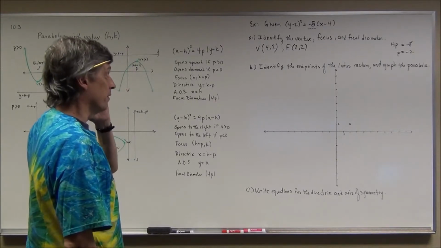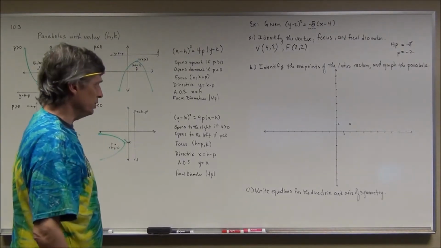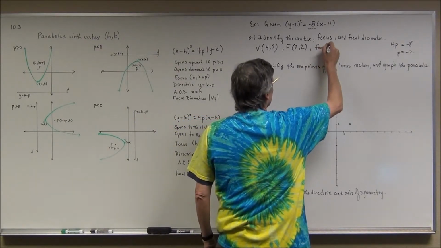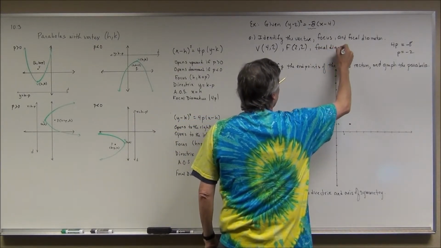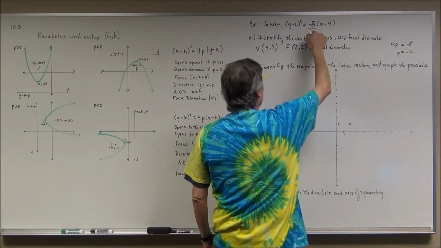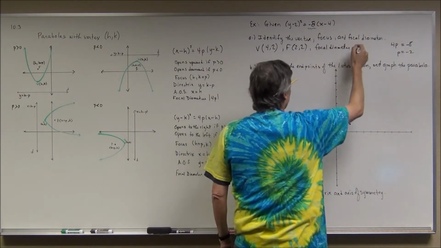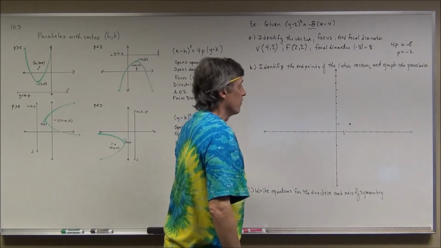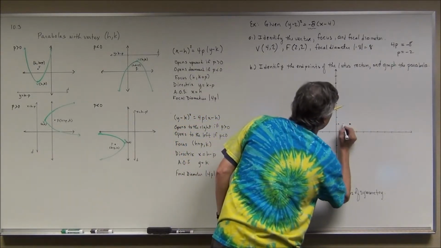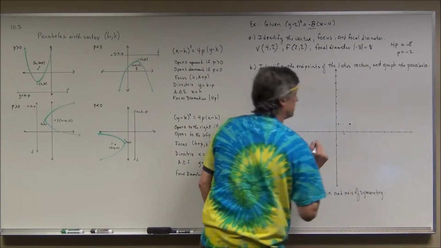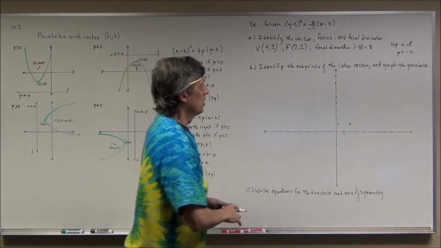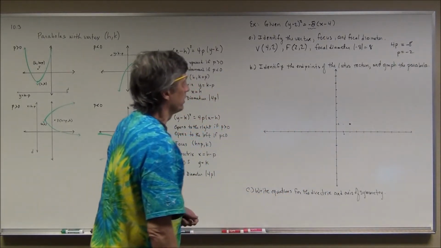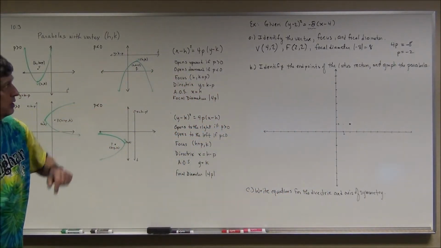And now, the focal diameter, which is the absolute value of 4p, so this is 4p right here, so it's the absolute value of negative 8, which is 8. And that's going to tell me from the focus, which is right here, I just put a little dot here, hopefully you can see that, this is 8, so I'm going to go 4 units above and 4 units below for my endpoints of my latus rectum, which is what it's asking for here.